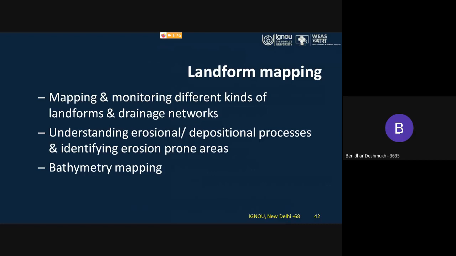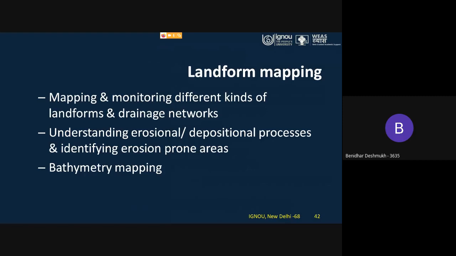We'll see some examples here. And when we talk about landform mapping, not only the different kinds of landforms in different terrains, but also the processes that are there we can understand through that. Another common example is bathymetry, but this is more common for the coastal areas, not that easily done for inland waters.